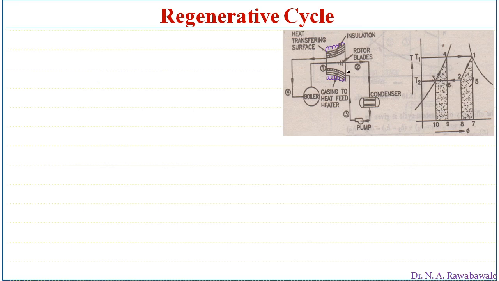So the system is isolated, therefore the area 3 4 9 10 3 is equal to the area 1 7 8 2 1. So these two areas are going to be the same.